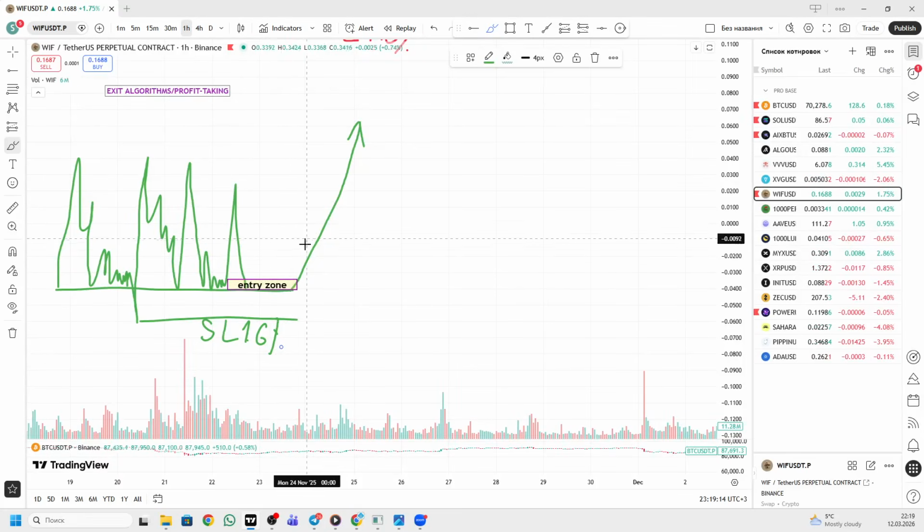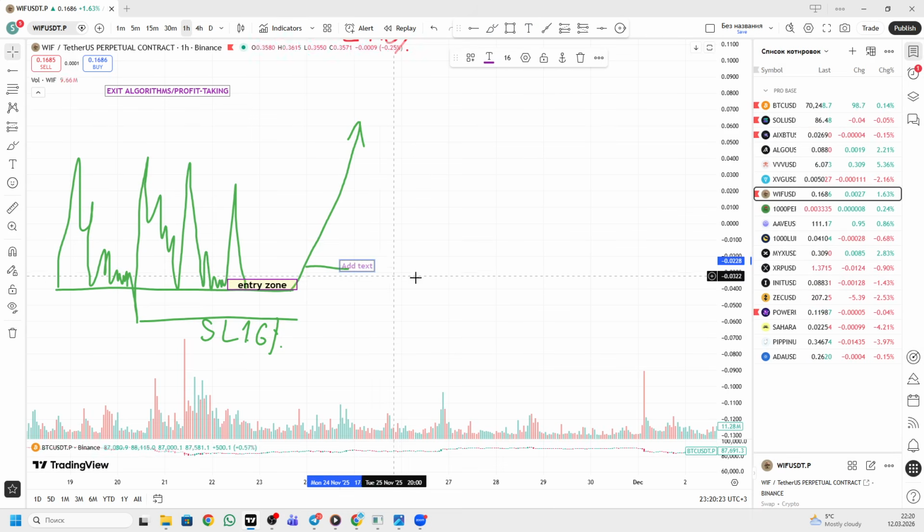If your trade is going your way, what's happening? As I said, since we enter in parts, we also exit in parts. How do we exit in parts? When your trade is going up and it reaches plus 0.4%, let's write this down here, plus 0.4%.